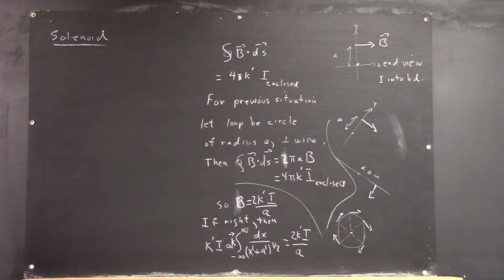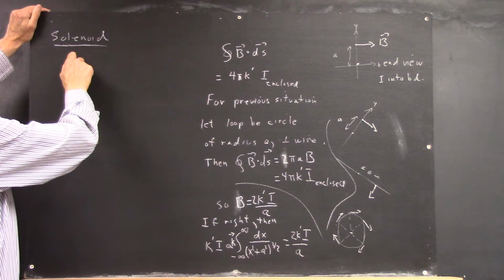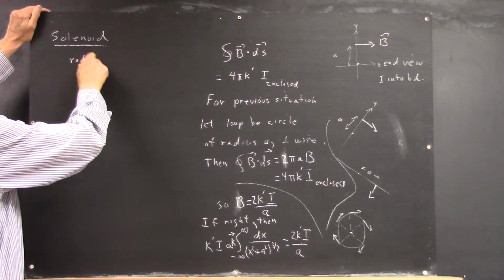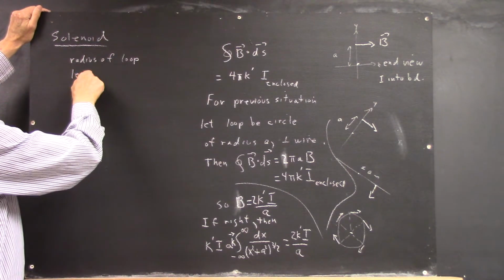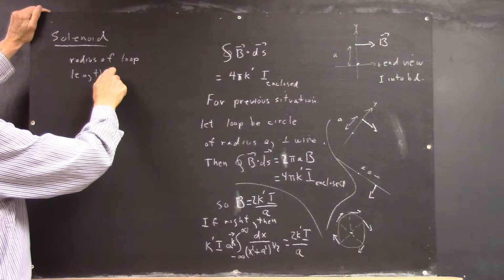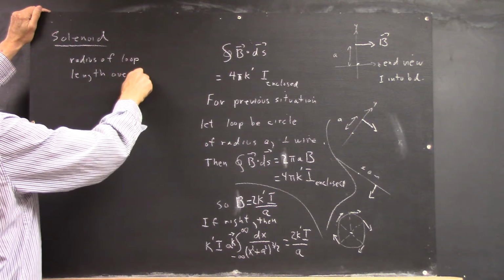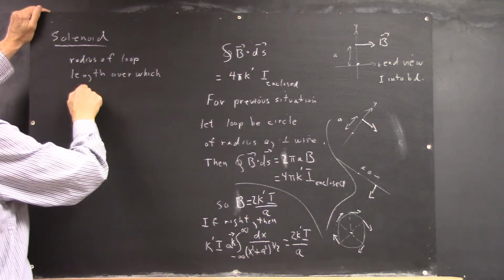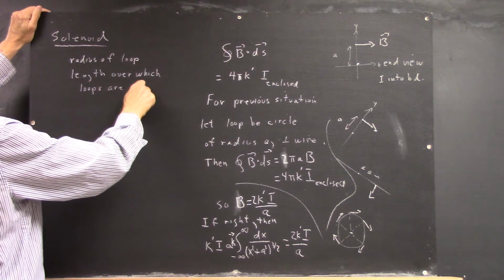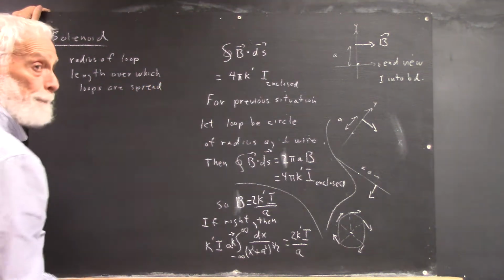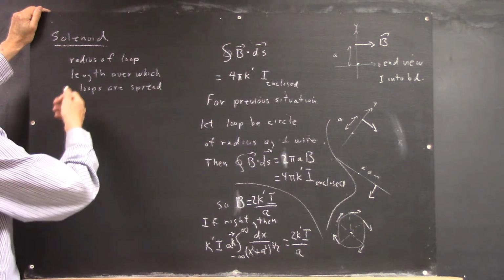Okay? A solenoid is characterized by a radius of a typical loop, the length over which the loops are spread, and the number of loops.